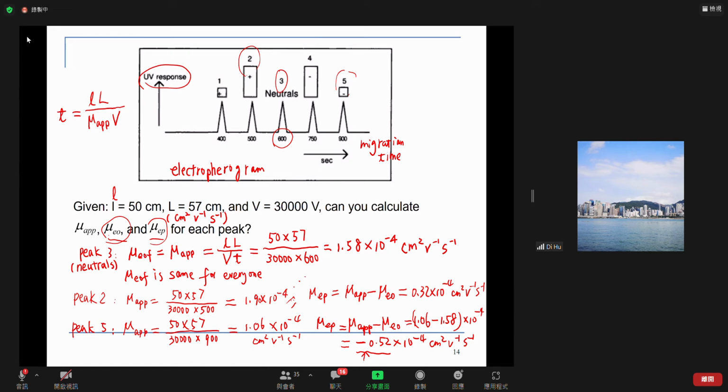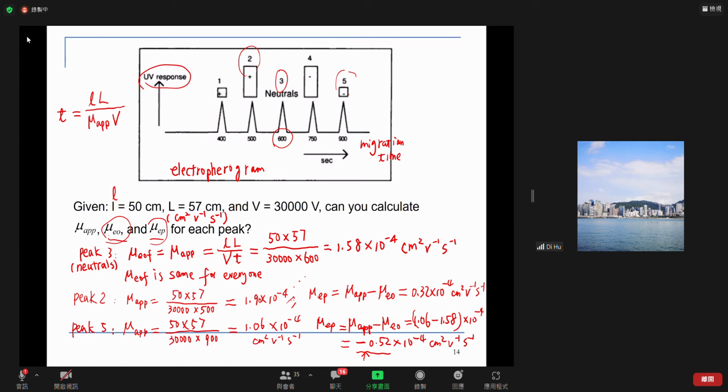Mu EOF is the same for everyone, whereas we get different apparent mobility and different electrophoretic mobility for different ions, right? And how does that relate to voltage, to the column length, and to the migration time? If that is good, that's good.